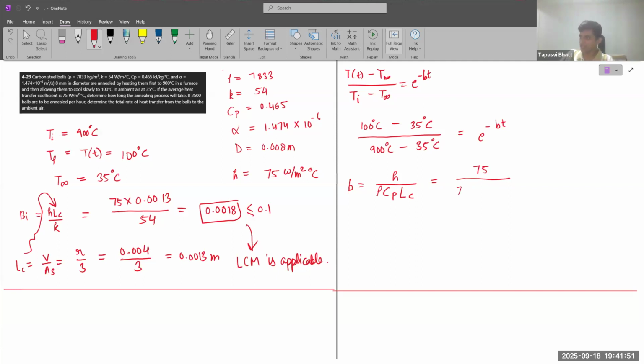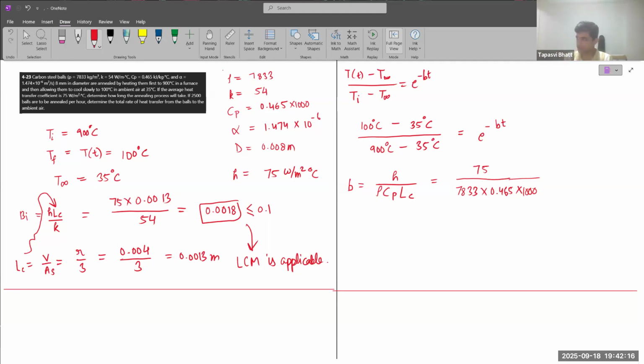Do we have density? Yes, 7833. What is CP? CP is 0.465, times 1000. Please note the unit. I made a mistake here. I did not use the SI units. I got a hint because I was thinking, why is a carbon steel ball having a CP of 0.465?